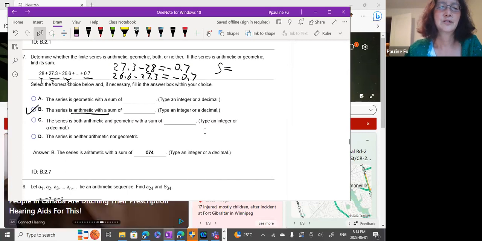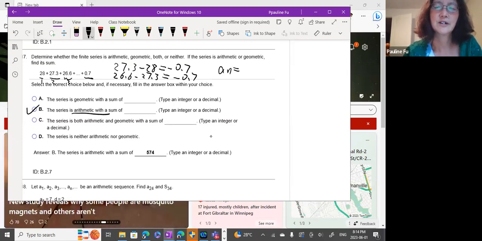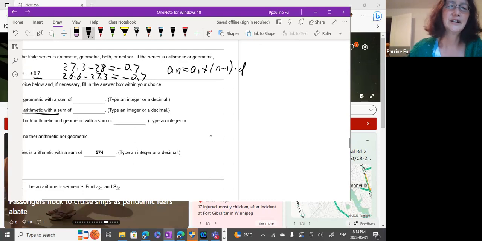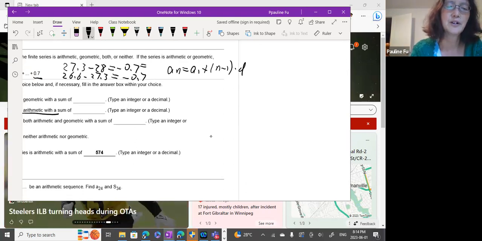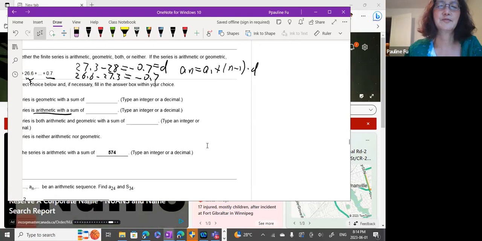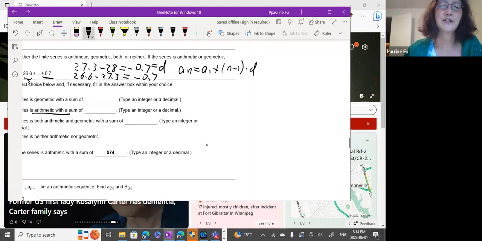So we write down the general term. Remember, An equals A1 plus n minus 1 times d. d is negative 0.7. Okay. And then we know there is a term 0.7.